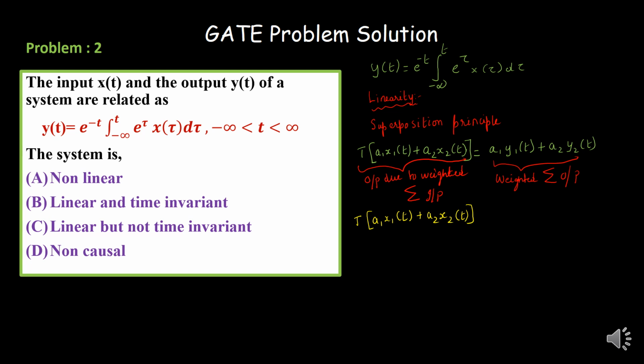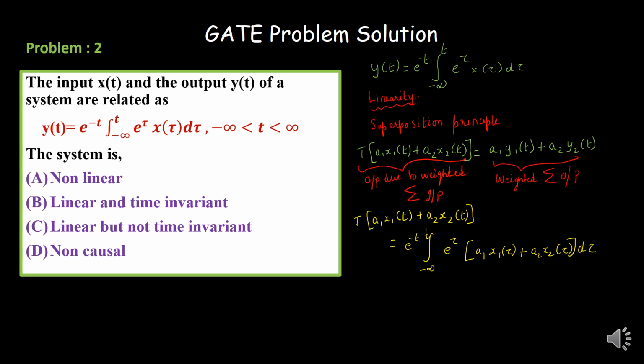So therefore the function will become e power minus t integral minus infinity to t e power tau. In the place of x of tau, I am going to replace that as the weighted sum of input signals: a1 x1 of tau plus a2 x2 of tau d tau.